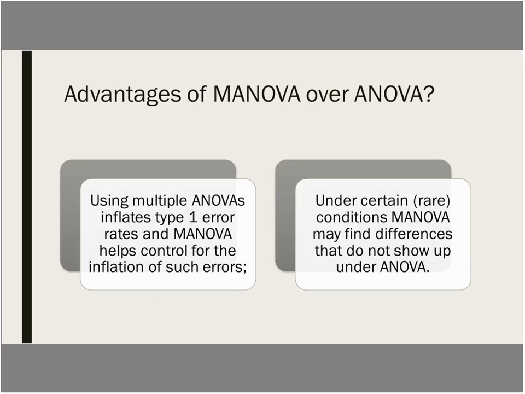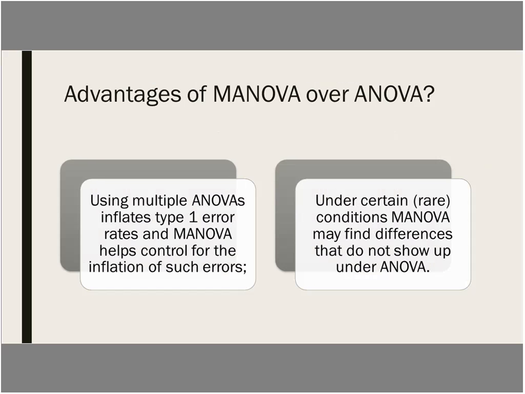The main advantage of MANOVA over ANOVA is that when you use multiple ANOVAs instead of doing a MANOVA, the type 1 error goes up. And under rare circumstances, with MANOVA you may find differences that may not even show up in ANOVA.